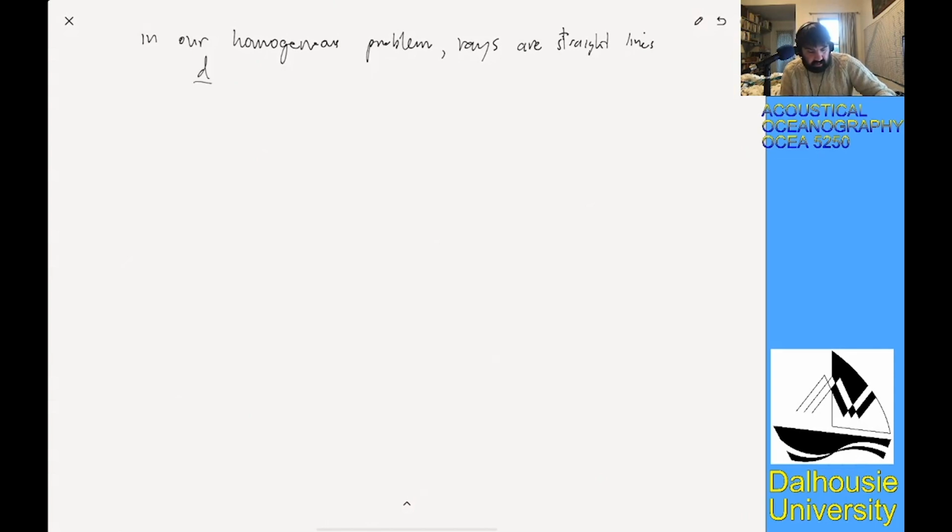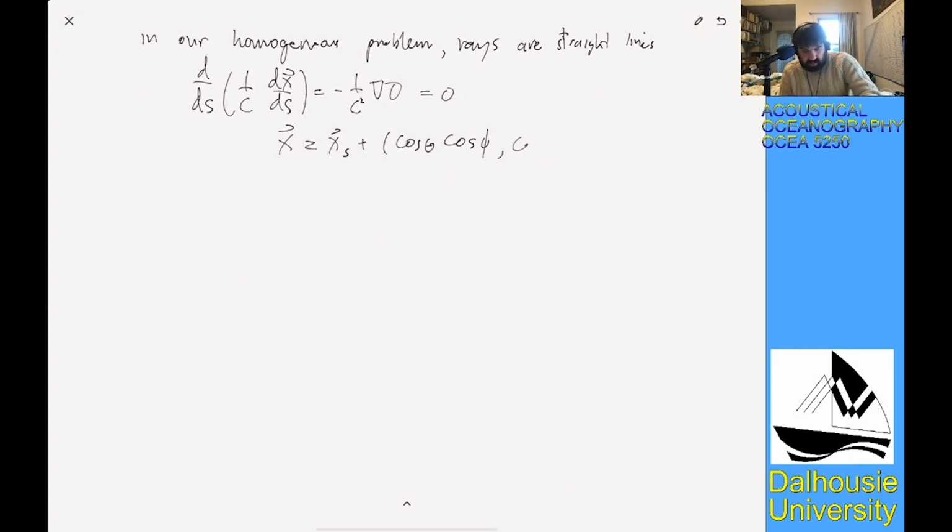So in that case, d by ds of 1 over c dx ds equals 1 over c squared, tau equals 0. x is equal to x s plus, straight lines.